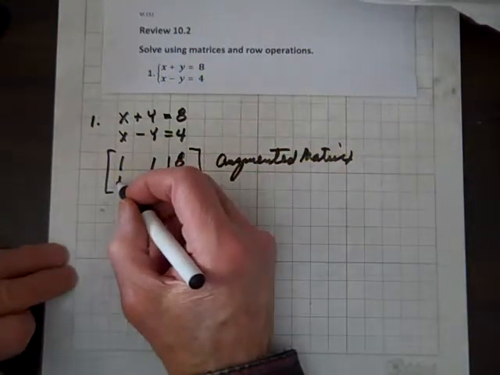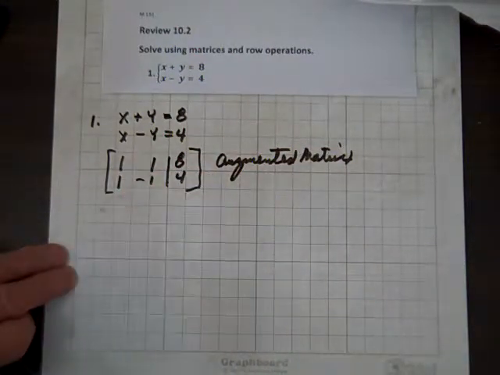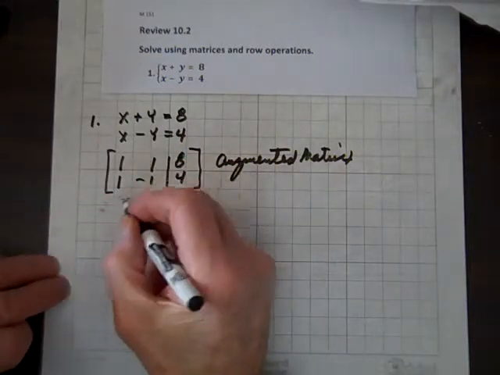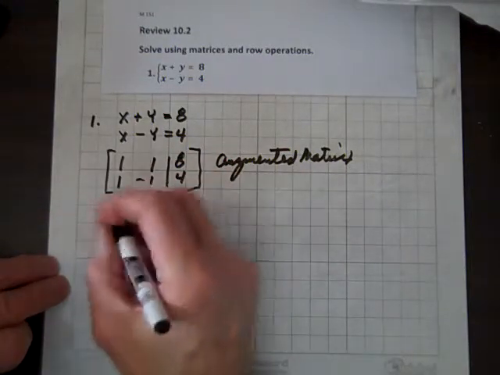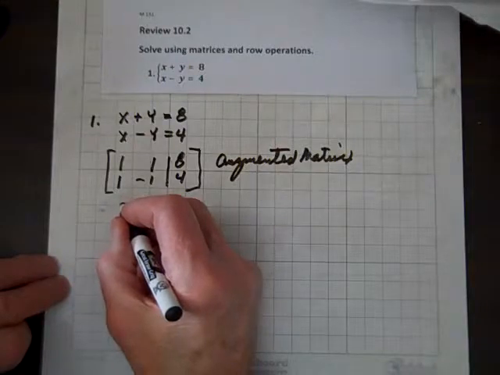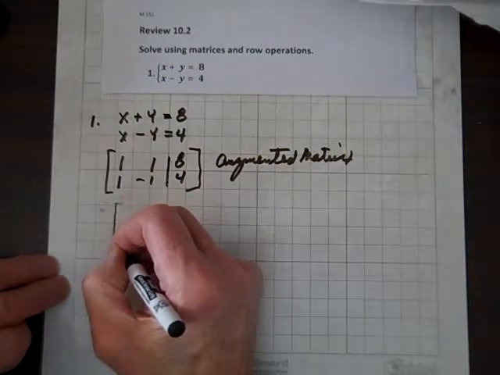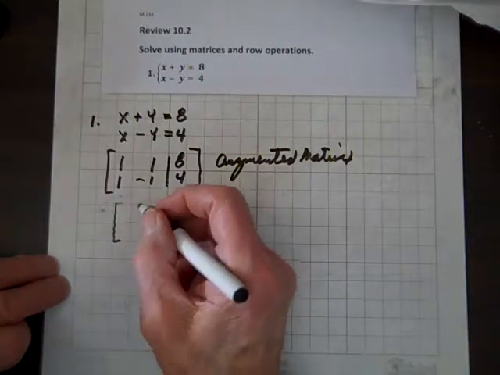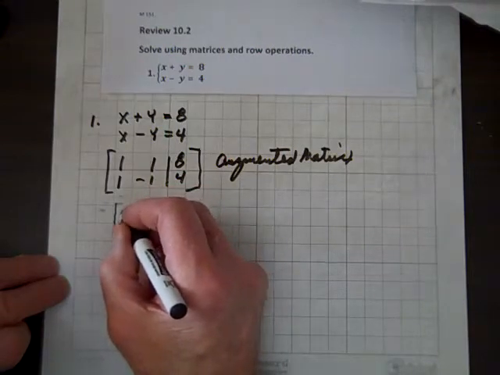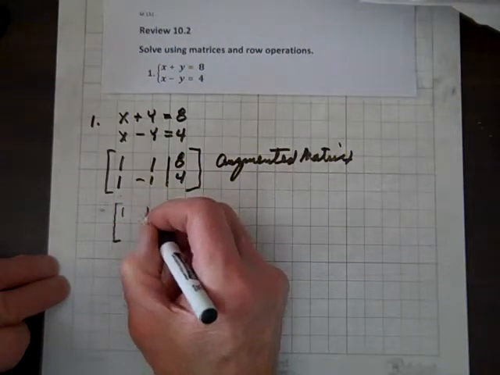So if we can get a 0 in this position and a 1 in this position, we can go ahead and identify the values of x and y that are the solutions. So we aren't going to change the first row. That's sacred.